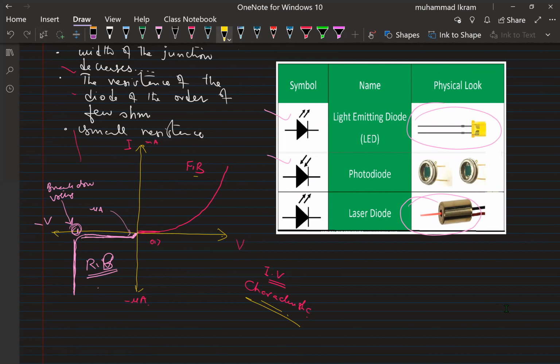Right in the beginning, if this is the voltage and this is the current, as the voltage increases, the current does not increase until the voltage reaches a value of 0.7 volt. Once you increase the forward voltage beyond that, the current begins to increase, increase, and increase.